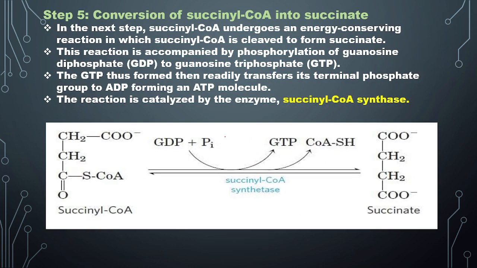Next is the 5th step, conversion of succinyl coenzyme A into succinate or succinic acid. Succinyl coenzyme A undergoes an energy conserving reaction because a GTP molecule is formed here, in which succinyl coenzyme A is cleaved to form succinic acid and coenzyme A. This occurs in the presence of the enzyme succinyl coenzyme A synthetase.